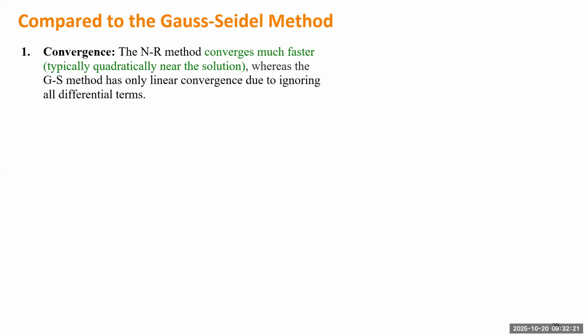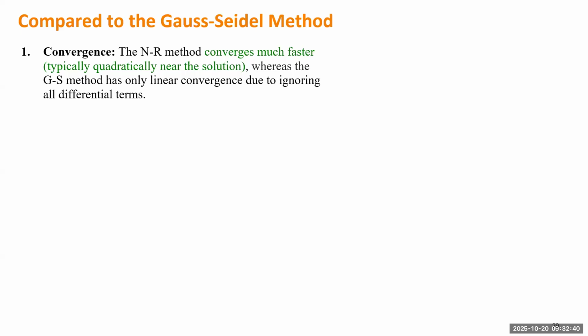quadratic convergence. By quadratic convergence, I mean it's based on the linear approximation of the Taylor expansion, so the error is in the second order, which means its accuracy is about second order. So we call such a method quadratic convergence.